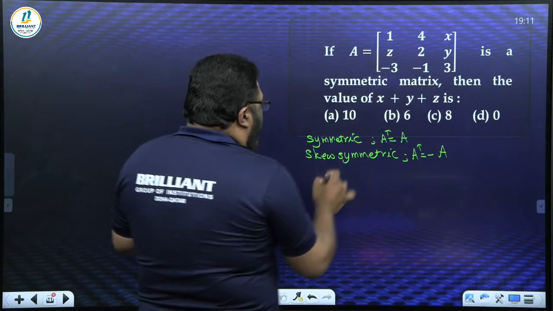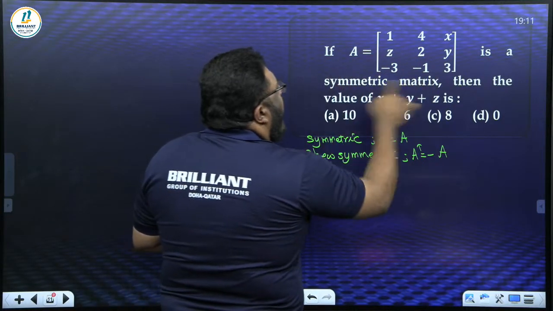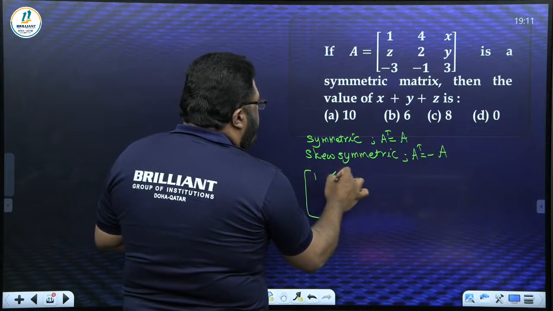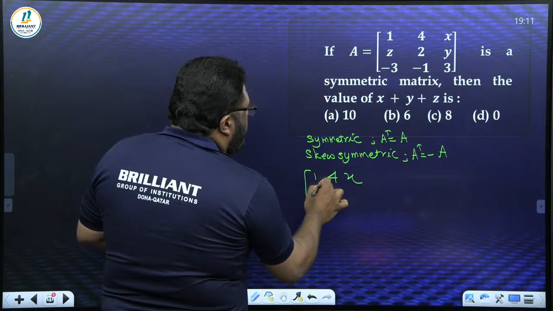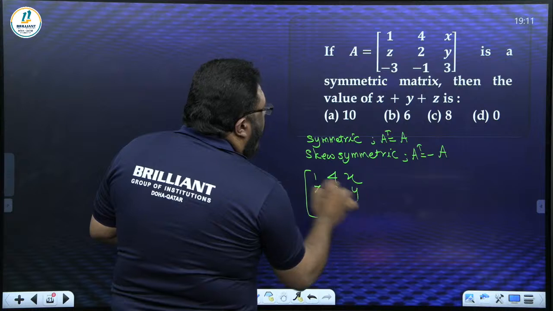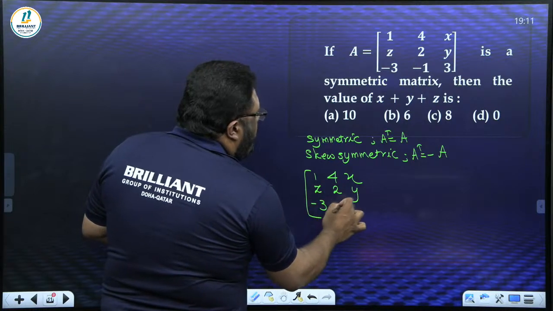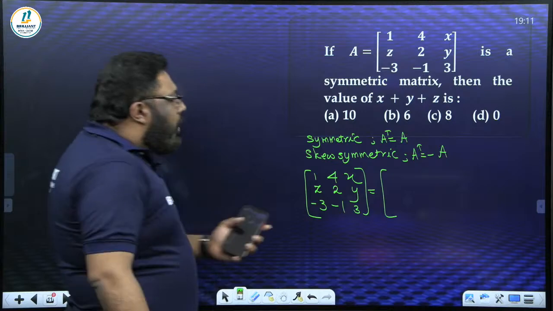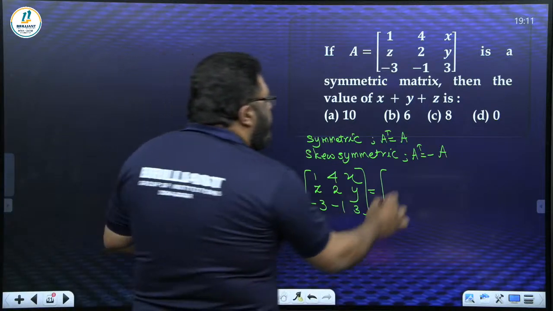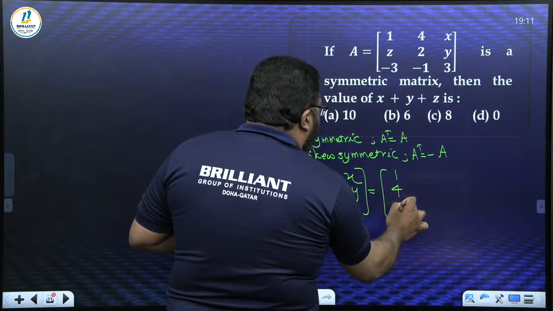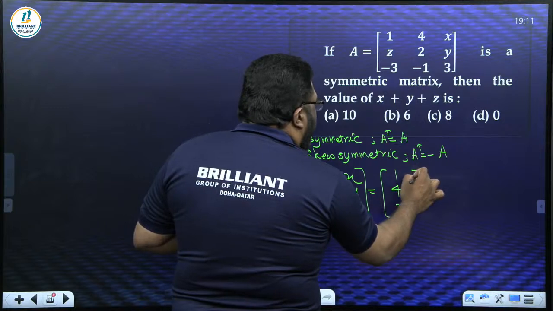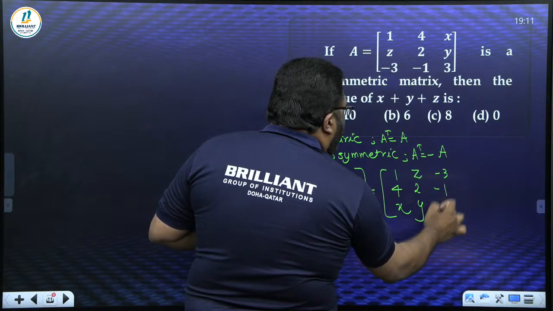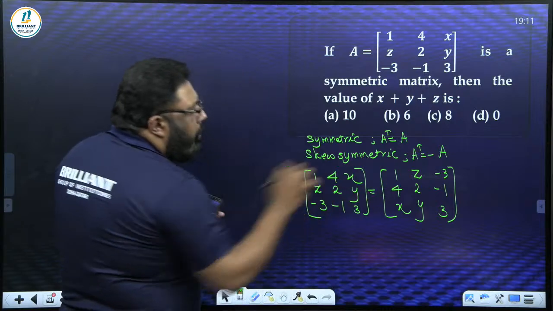Now look at the question here. They say that A is symmetric. So if A has to become symmetric, the matrix with entries y, minus 3, minus 1, 3 will be equal to its own transpose, 1, 4, x, z, 2, y, minus 3, minus 1 and 3. Please compare.